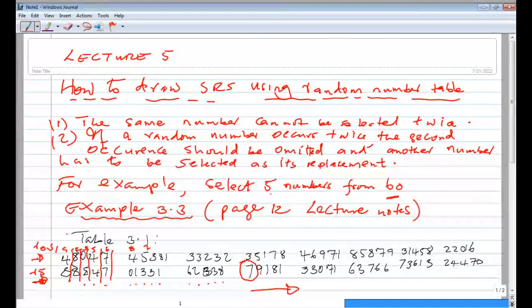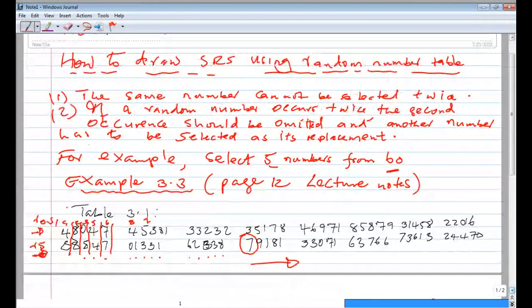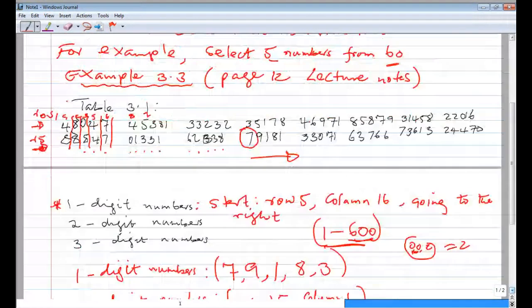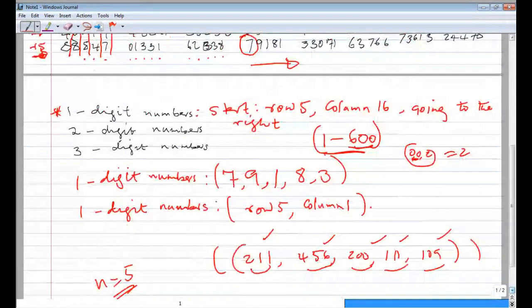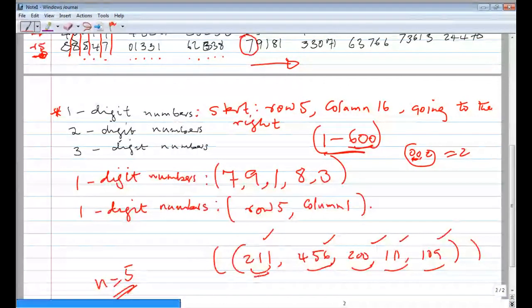We were selecting 5 numbers, sorry, not 5 samples, 5 numbers. This is the sample that you are going to have, using 3-digit numbers. That's why we have a 3-digit number here, here, here, and here. But we want to find the sample of 5. I don't know whether I have answered you.